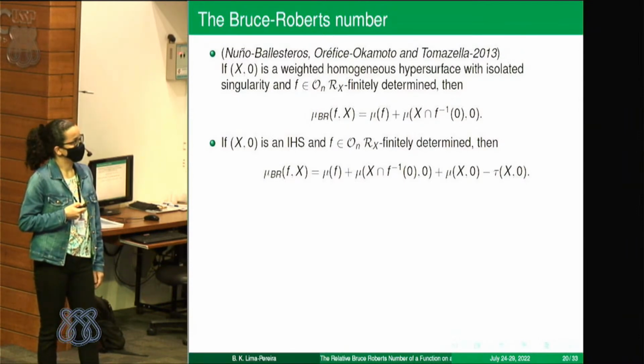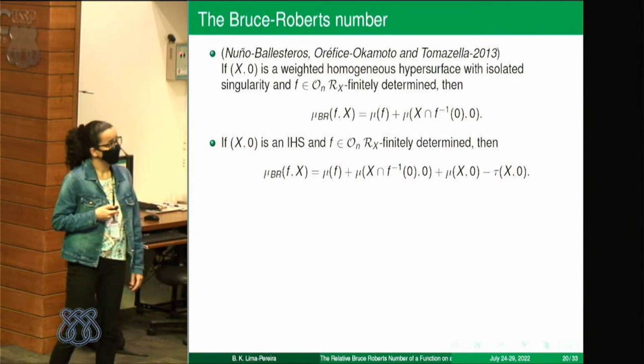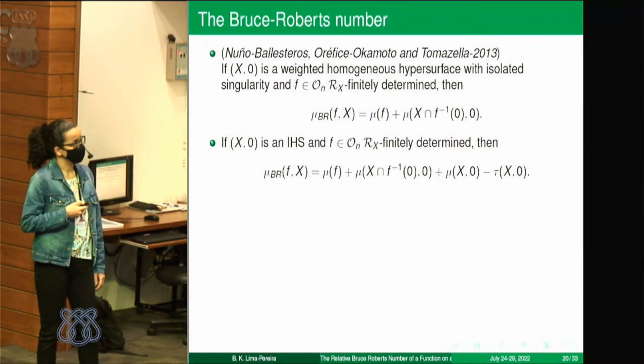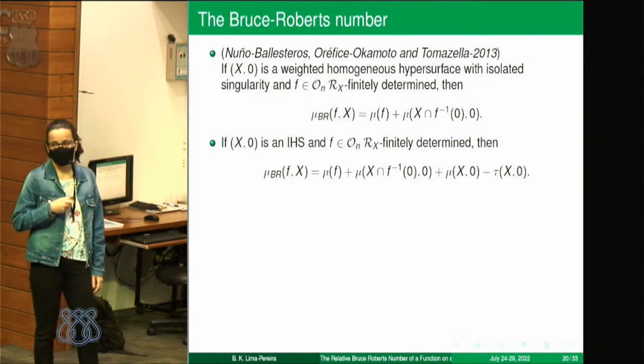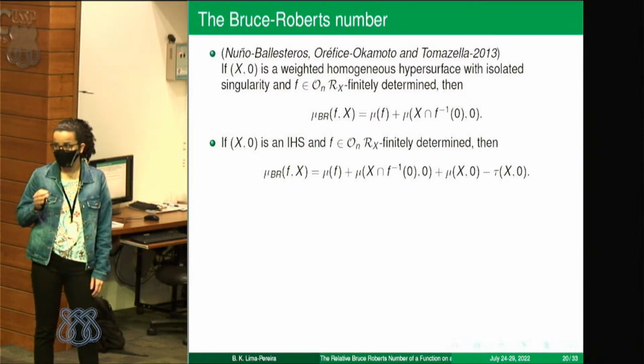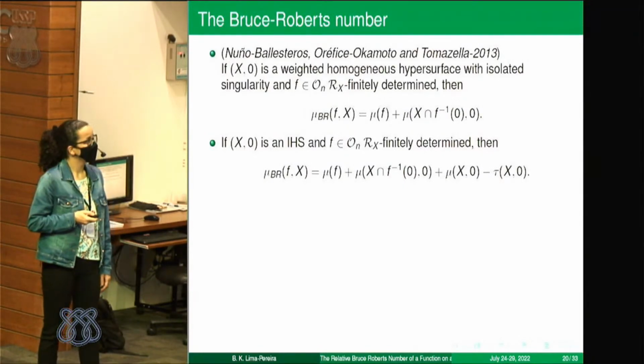And when the hypersurface is weighted homogeneous, Nuno Ballesteros and Oréfice-Okamoto proved this equality, okay? And we extend this equality, proving this other equality considering X any isolated hypersurface singularity, not necessarily weighted homogeneous, okay?